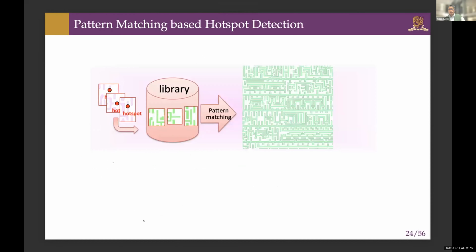Let me show you some classical methodology about hotspot detection. This one is called pattern matching. This kind of methodology was introduced a very long time ago. The main idea is that we are given some examples of hotspots. These examples can be delivered by the foundry, or by the design house when they run some lithography simulation. Then all the samples will be stored in a library. With this library, we will scan the full chip.